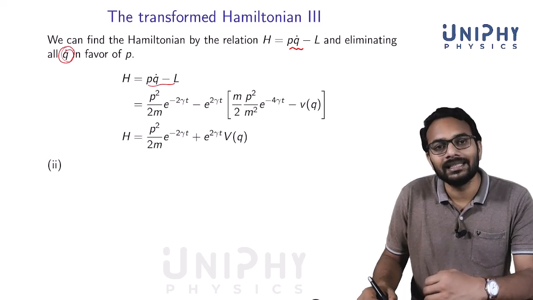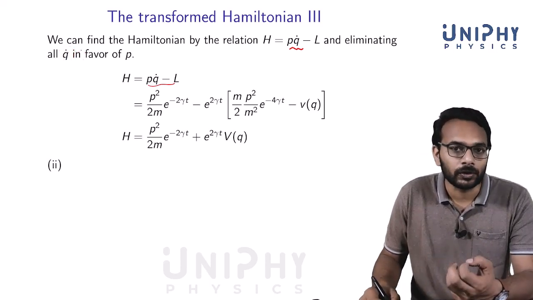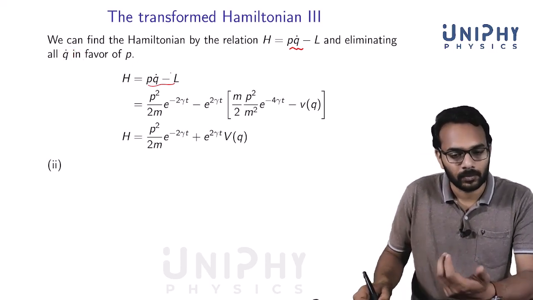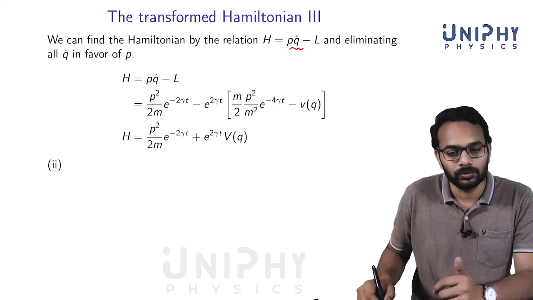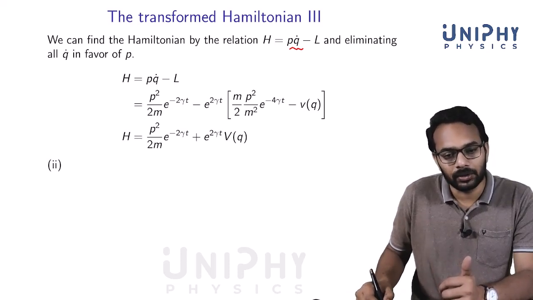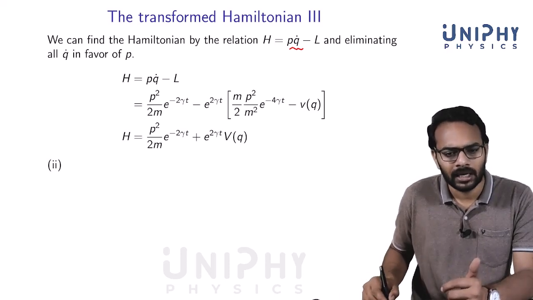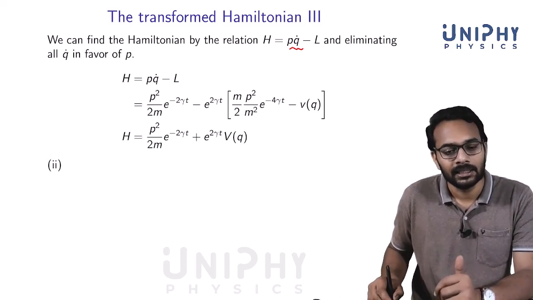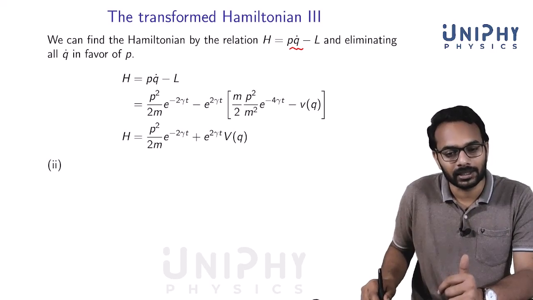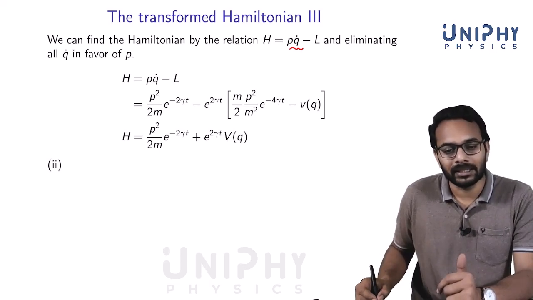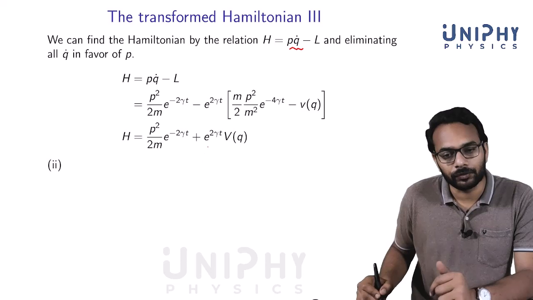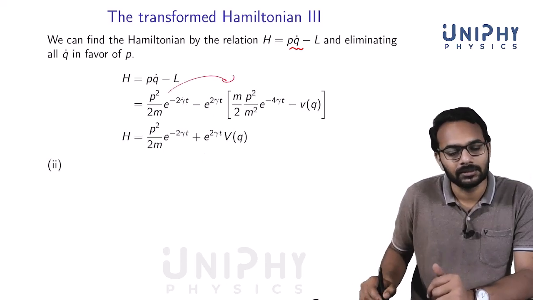We should get rid of all q̇ in favor of p. You substitute for q̇ from there, and then you get this answer: H equal to p²/2m e^(−2γt) plus e^(2γt) V(q). So we combine these terms.